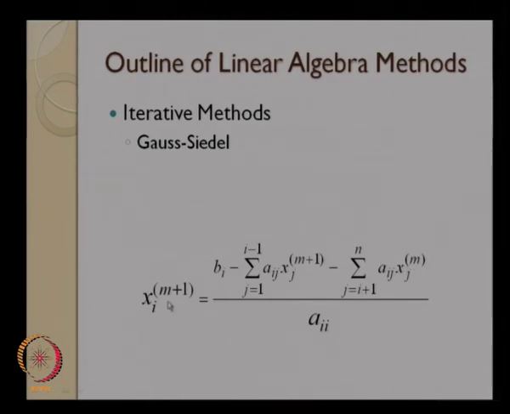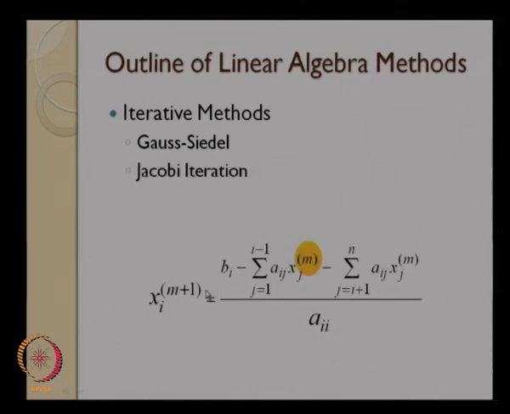So, we use the latest value in computing xi in the Gauss-Seidel method, whereas in the Jacobi iteration method we do not use the latest value, but we use the values from the previous iteration. The change between Gauss-Seidel and Jacobi iteration I have just highlighted over here. In Gauss-Seidel we got m+1 as the iteration number over here, whereas in Jacobi iteration we get the iteration number m itself.